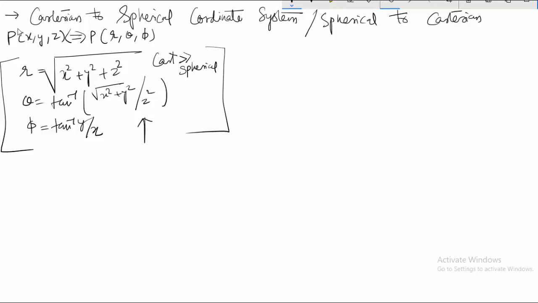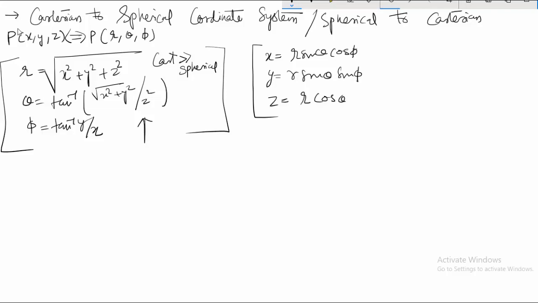And the next is when you have it in spherical system, you can convert it to x equal to r sin theta cos phi, and y equal to r sin theta sin phi, and z is equal to r cos theta. So this is how we are converting from spherical to Cartesian system.